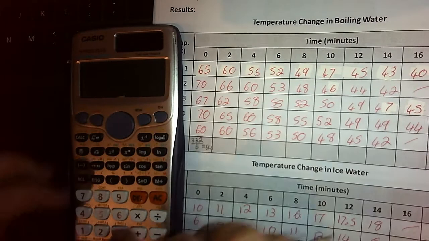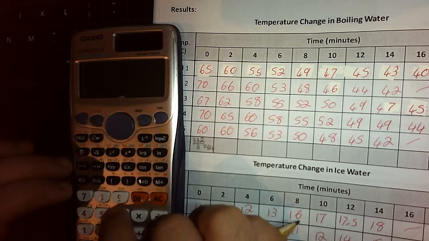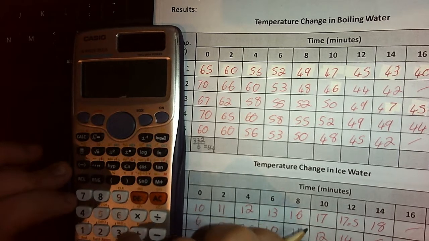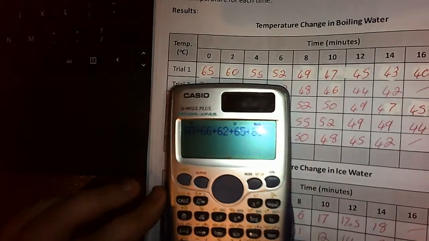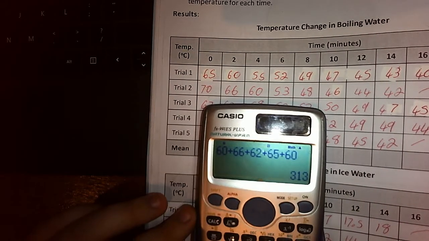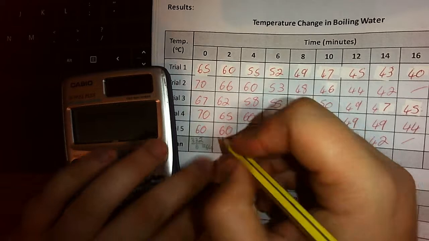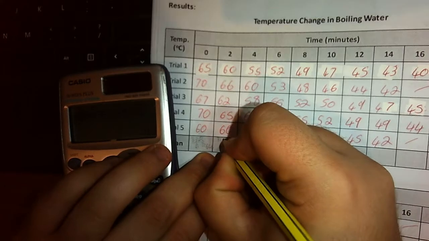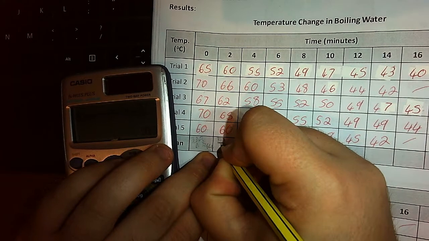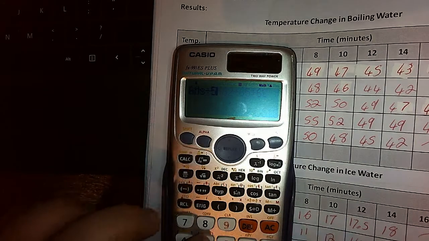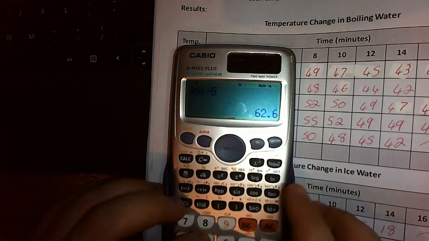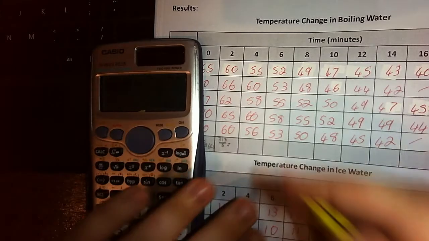Now I'm going to do the next one for you. Let's add up 60 plus 66 plus 62 plus 65 plus 60. I've added up the 5 numbers that I've got for the second trial. I get 313. Then I need to divide it by 5, and I get 62.6.